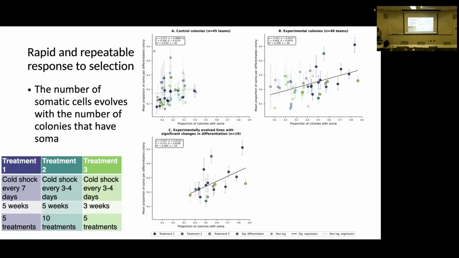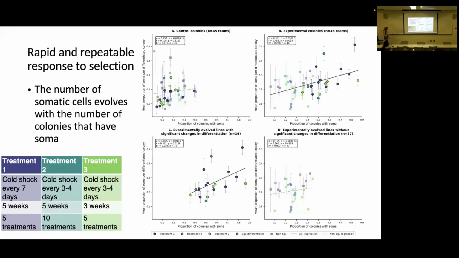So what happens if we separate out the student groups that have significant changes in how many colonies have somatic cells versus the groups that did not have changes in how many colonies have at least one somatic cell? So we see that the relationship between the proportion of colonies with soma and how many somatic cells those colonies have is driven by these groups that saw significant increases in the proportion of colonies with somatic cells.